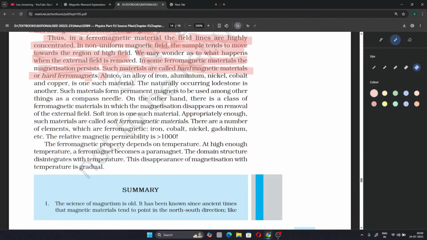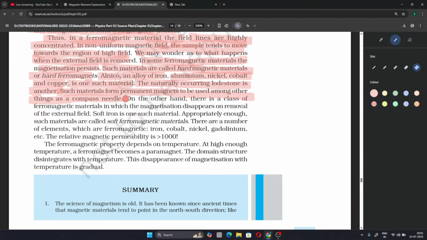Alnico, an alloy of iron, aluminium, nickel, cobalt, and copper, is one such material. The naturally occurring lodestone is another. Such materials form permanent magnets to be used among other things as compass needles.